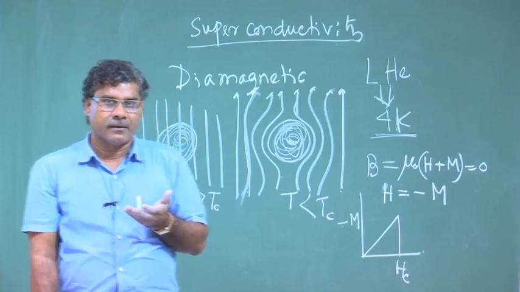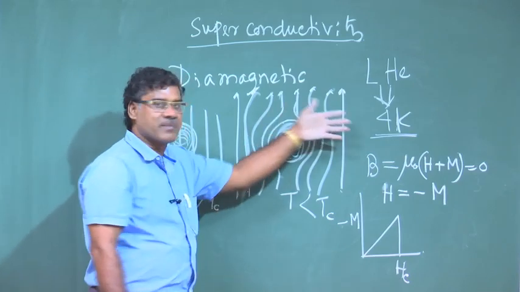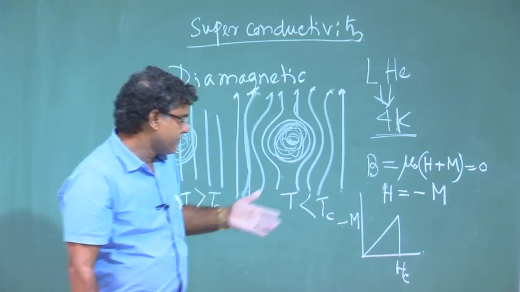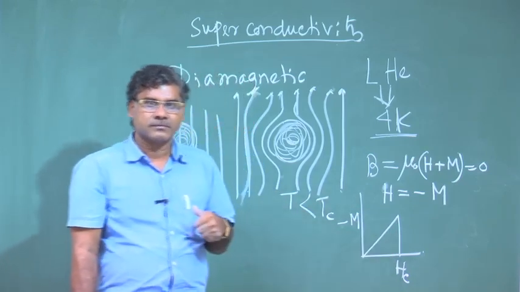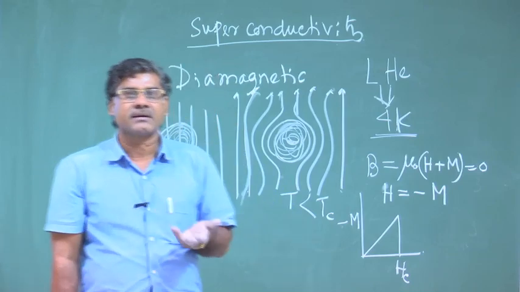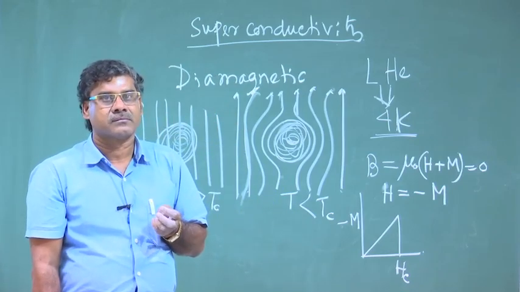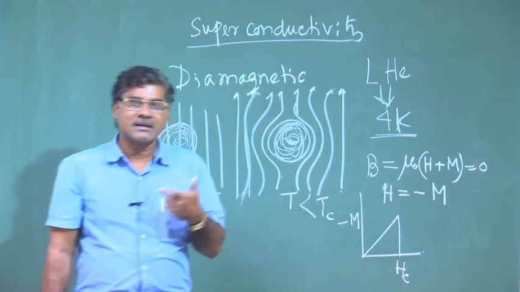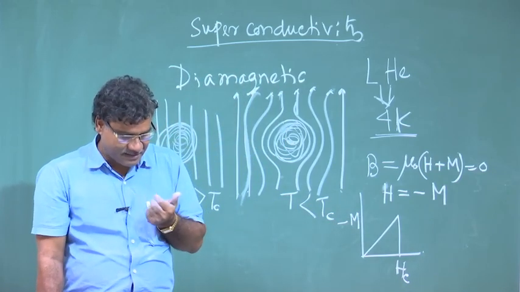Generally we define it in terms of temperature, but the magnetic field is also important, because the magnetic field destroys the superconductivity.